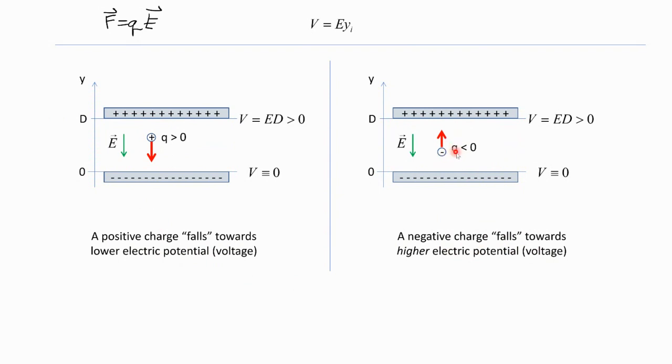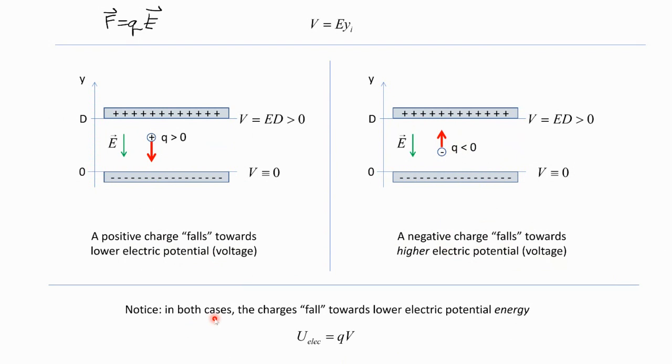They kind of fall upwards, if you will. But in both cases, they fall towards lower electric potential energy. So falling means you lose potential energy. In both cases, you lose potential energy. In this case, the voltage of the position where the thing is decreases, so therefore, the electric potential energy decreases.